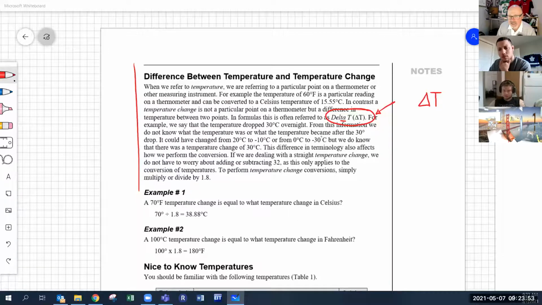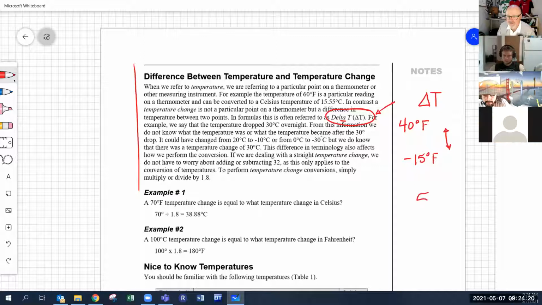Now this is the temperature difference or the temperature change. For example, if I had a substance that was at minus 15 degrees Fahrenheit and I went up to 40 degrees Fahrenheit, what is the delta T between these two numbers? 55.